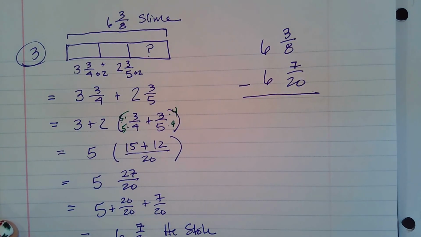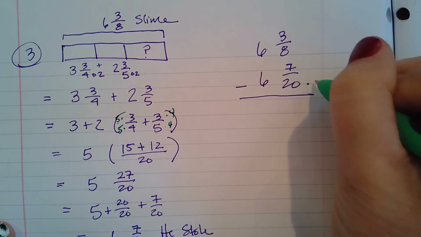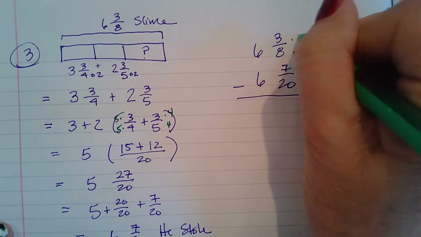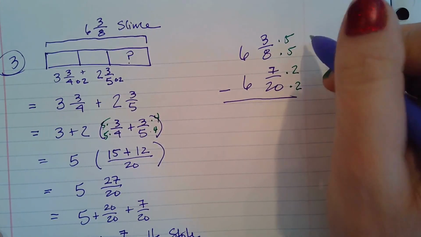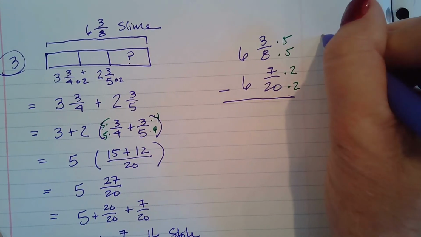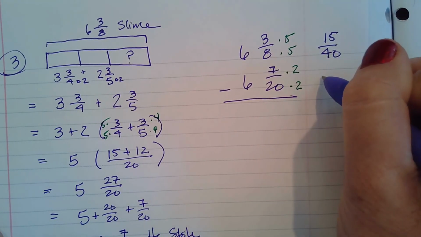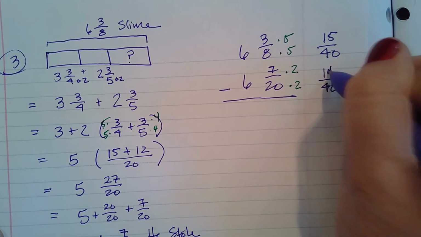What common denominator do you think this is going to be? I think I see 40 here. But if you need a scoreboard, of course. So I'm going to end up with 15 40ths and 14 40ths.